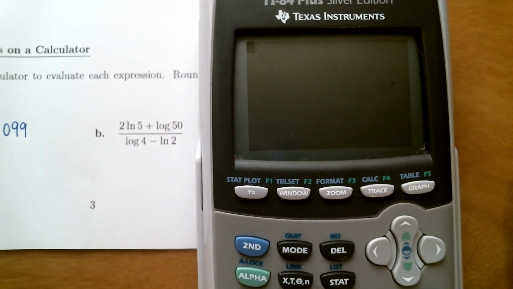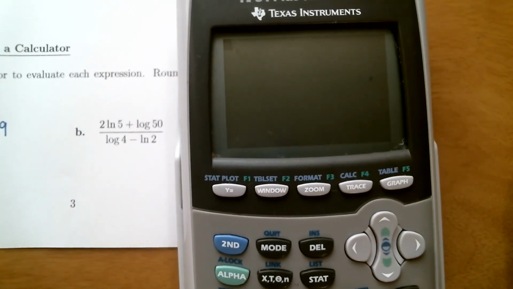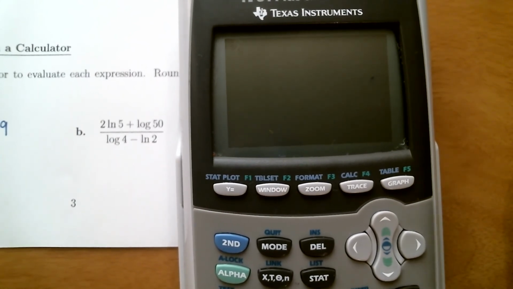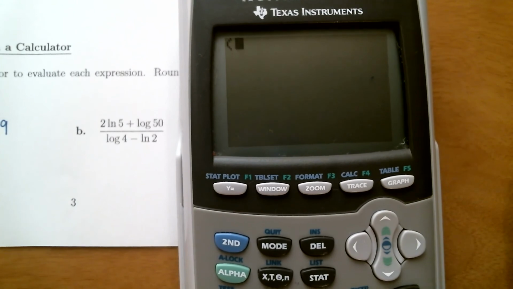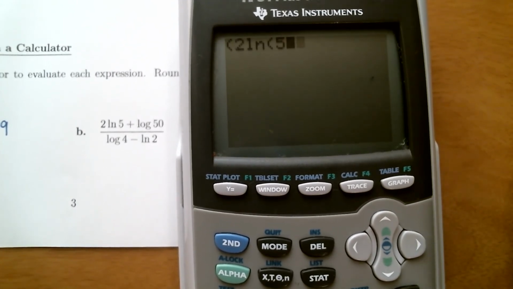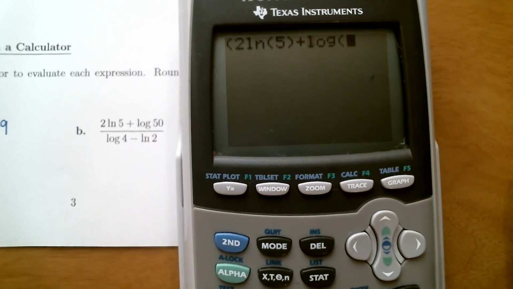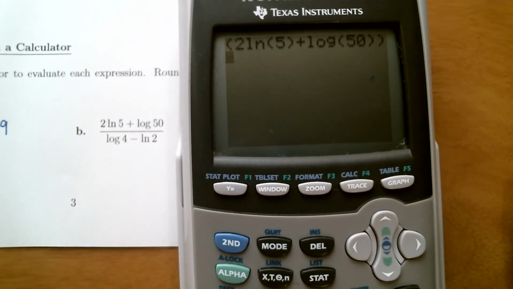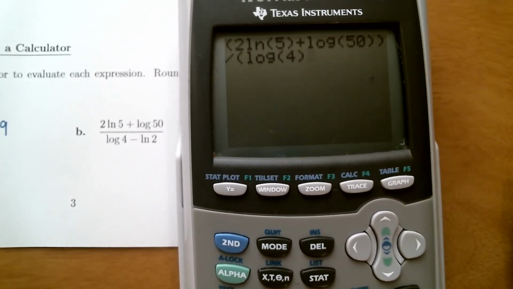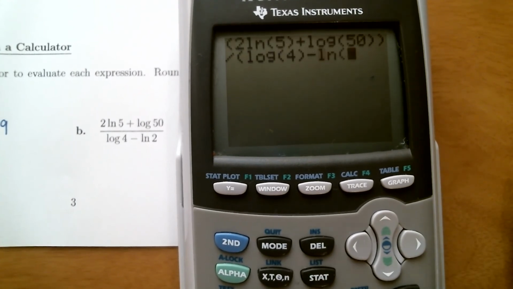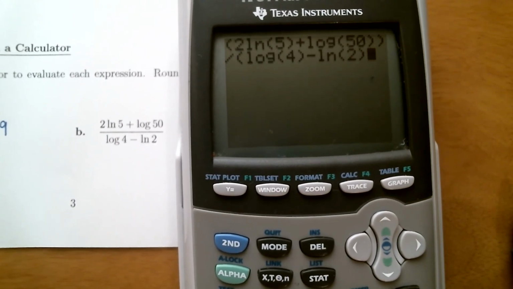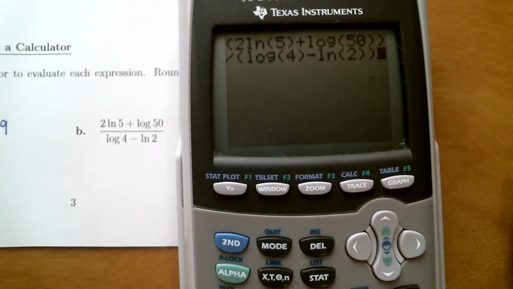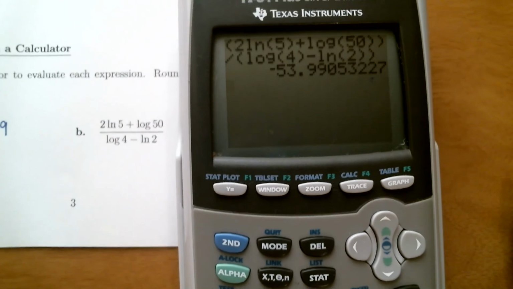So I'm going to do open parentheses, 2 natural log of 5, close parentheses, plus log 50, close parentheses on the log, close parentheses on the numerator. Then I'm going to divide. Open parentheses for the bottom: log 4, close parentheses on the logarithm, minus natural log of 2, close parentheses on the logarithm, close parentheses on the denominator. That's how I would enter it in. Hit enter, and that's your answer.